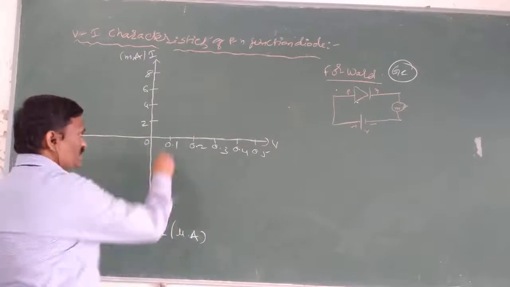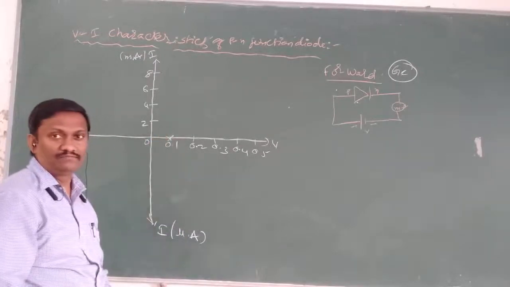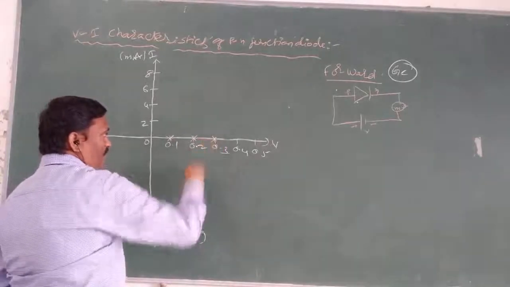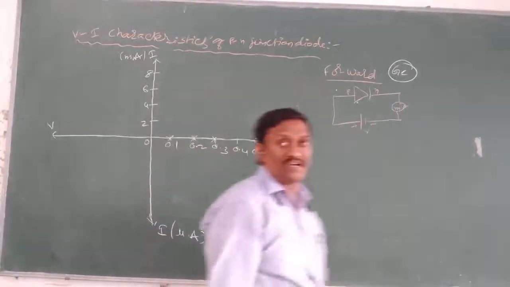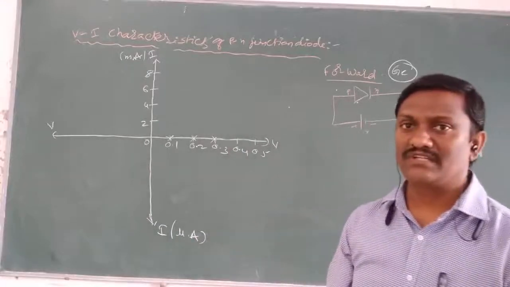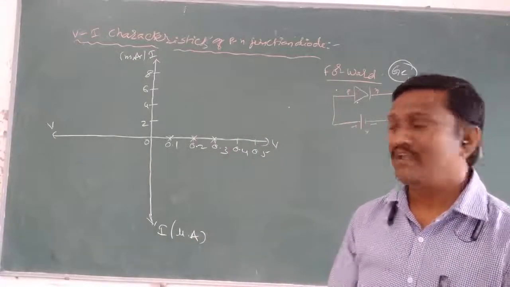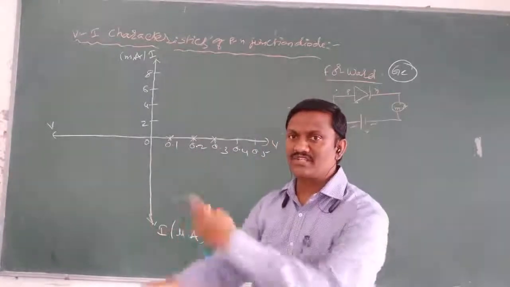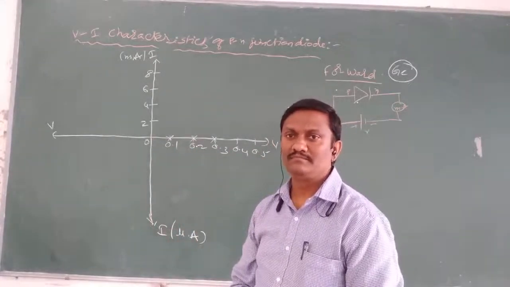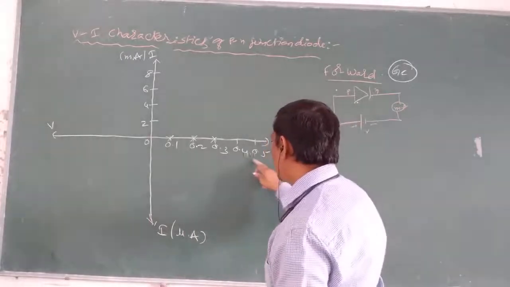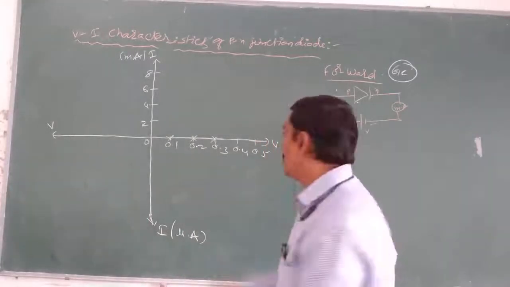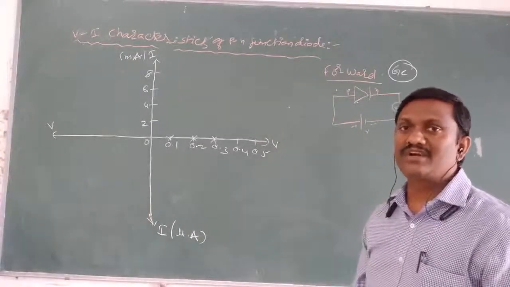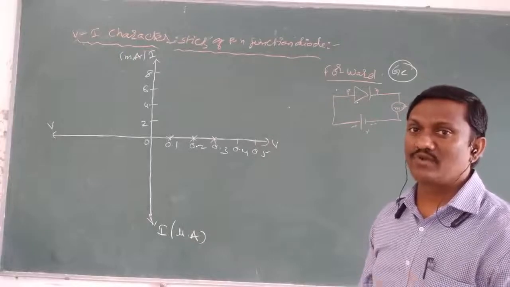At 0.1 volts, 0.2 volts and 0.3 volts, current is also 0, because the barrier potential is 0.3 volts. If applied potential is less than the barrier potential, no carriers cross the junction, so current is almost 0. Only if applied potential is greater than the barrier potential do carriers cross the depletion layer, enter the other region and produce current.